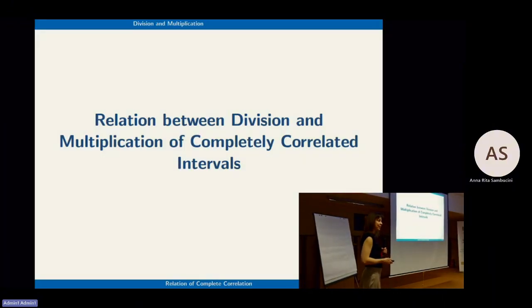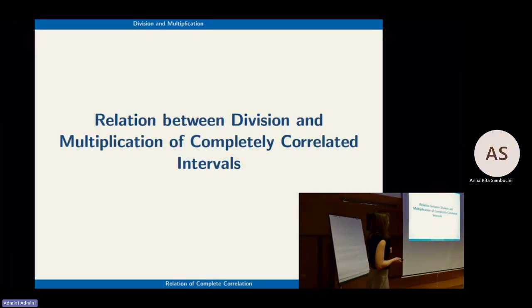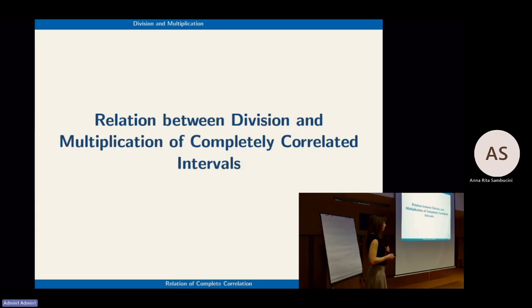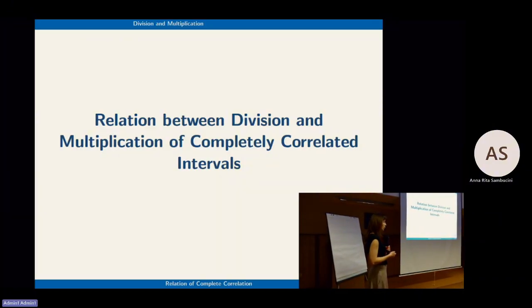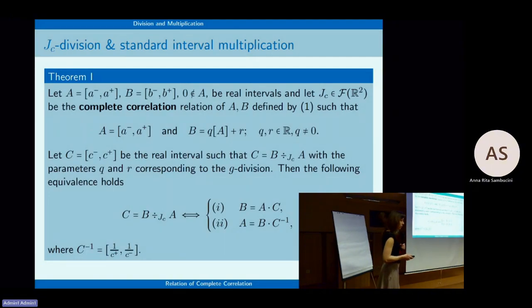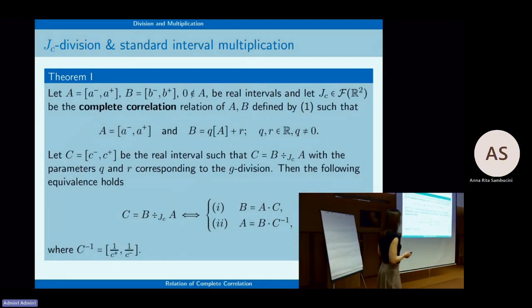Okay, I will need to be very fast. In this part, I want to mention how we can somehow introduce some invertibility property between multiplication and division. And we actually obtained a few results. It's again for the intervals.